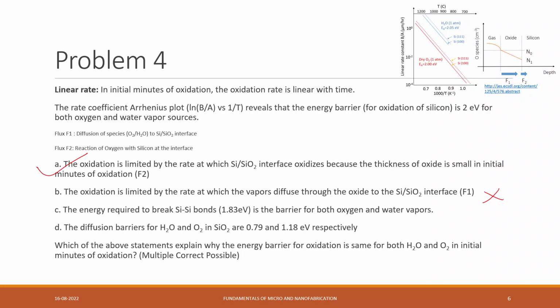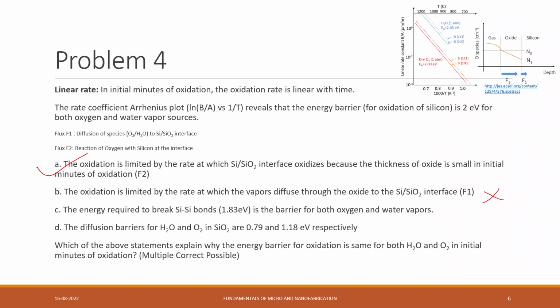And the C option is the energy required to break silicon-silicon bonds is the barrier for both oxygen and water. So initially they need to form this silicon oxide. So there we need to break the silicon-silicon bond, otherwise they can't interact with the oxygen.